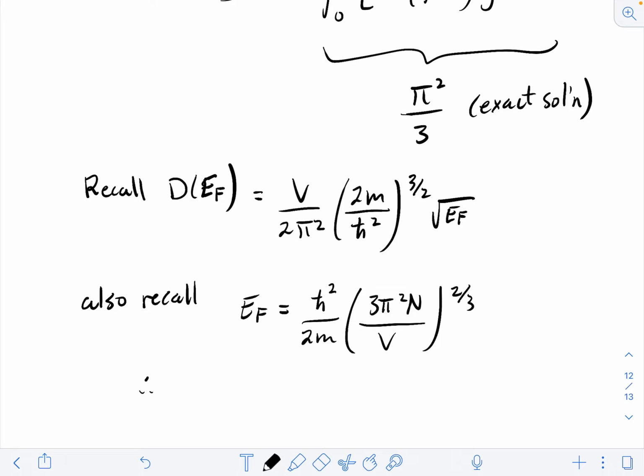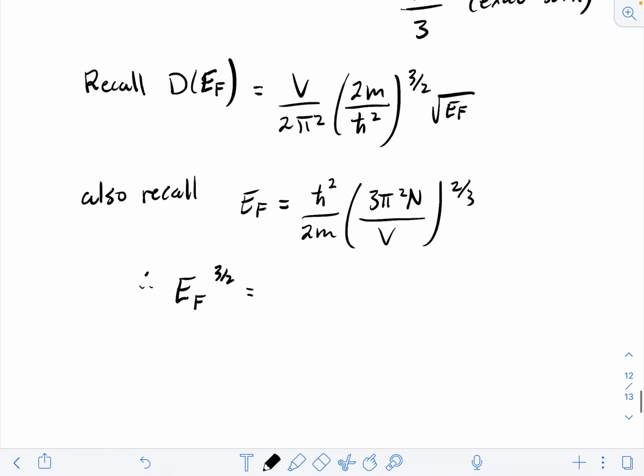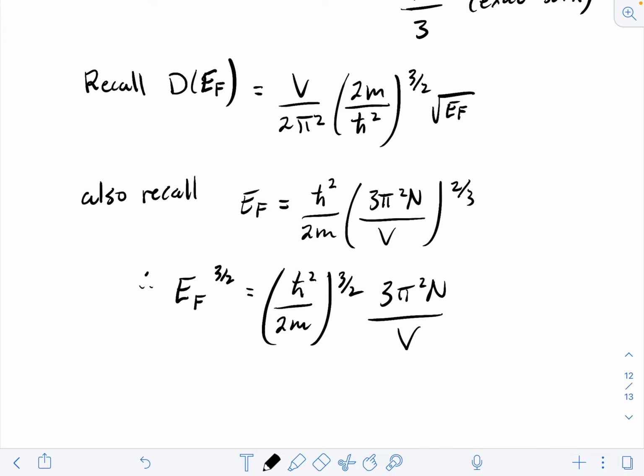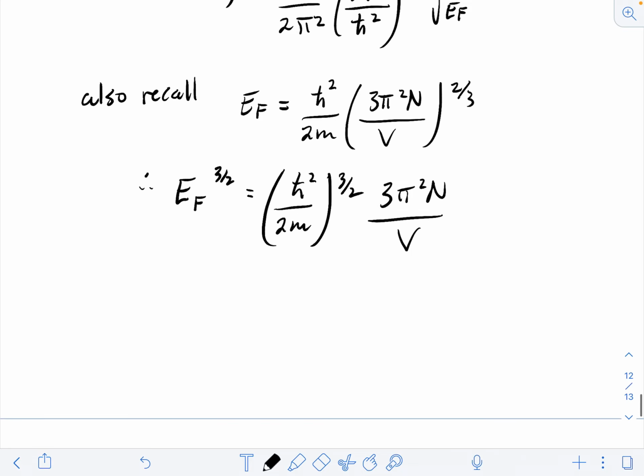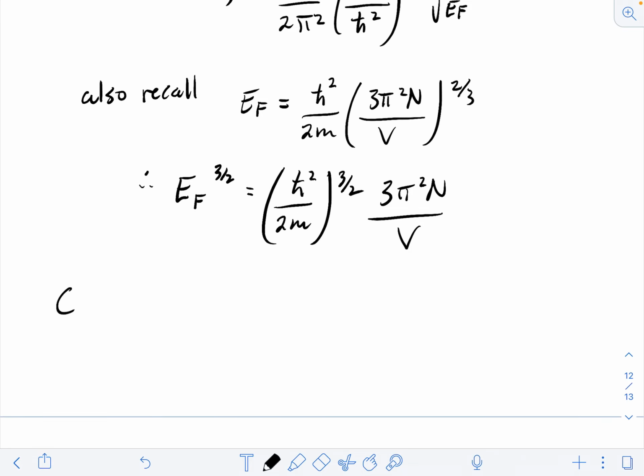So if we wanted to, we could write the Fermi energy to the 3 halves power, which would be h bar squared over 2m to the 3 halves, and then 3 pi squared n over V. Okay, so let's put some of this into our heat capacity.